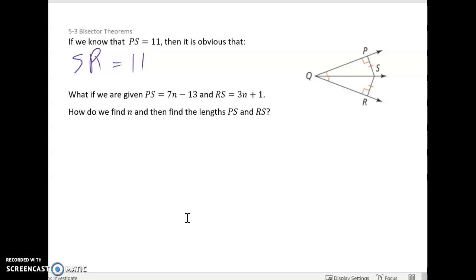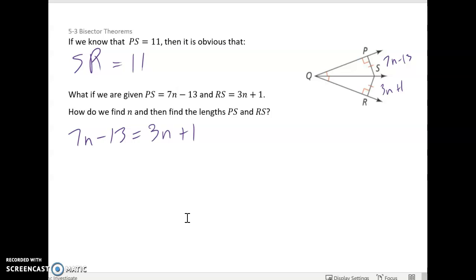We have PS equals 7n minus 13, and RS equals 3n plus 1. If I wanted to find n, I'd need to set up an equation, set them equal to each other. So let's do that. 7n minus 13 equals 3n plus 1. Okay?